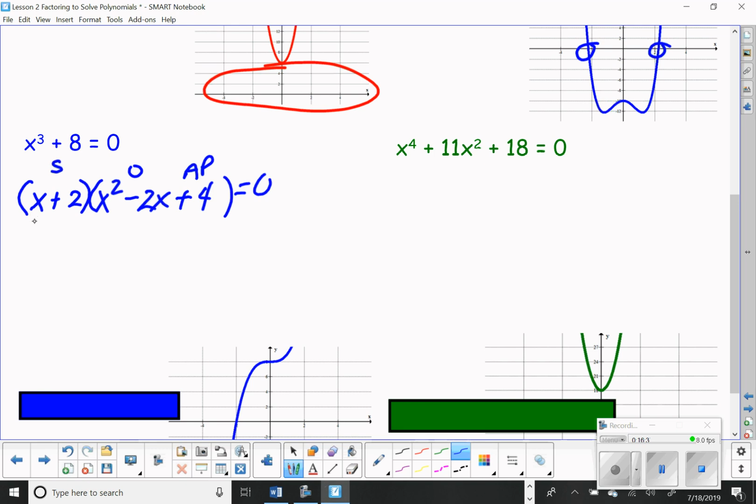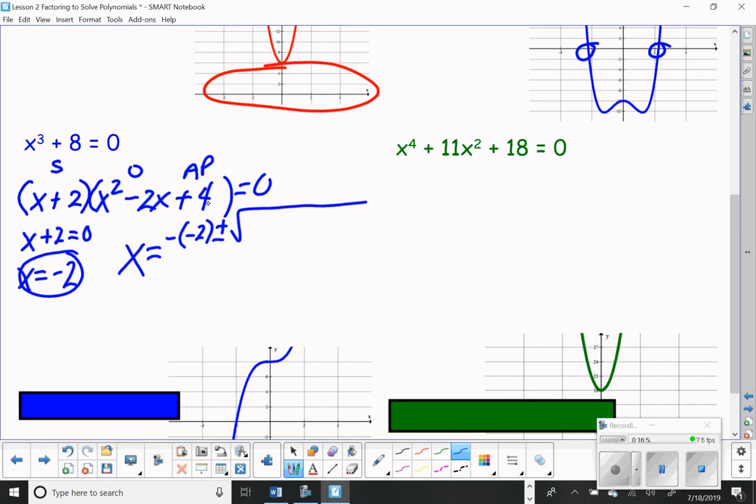Now, I've got my linear factor. X plus 2 is equal to 0. X equals negative 2. Again, easy peasy. There are no factors of positive 4 that add to negative 2. So I'm going to do x equals negative b plus or minus the square root of b squared.